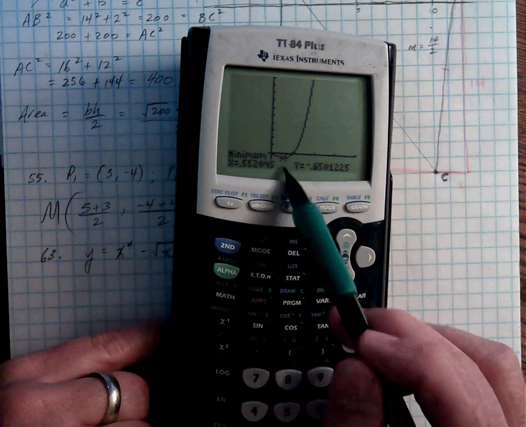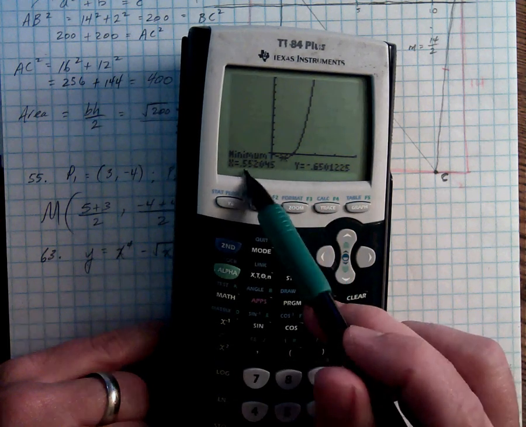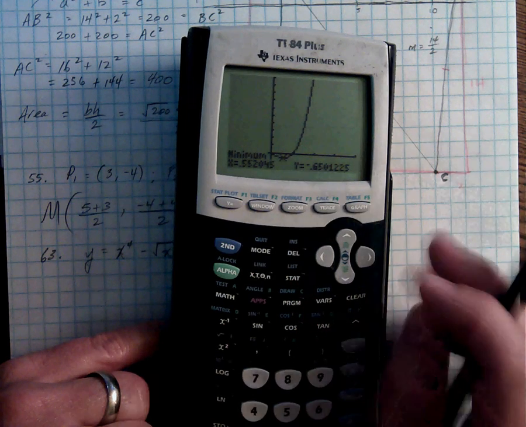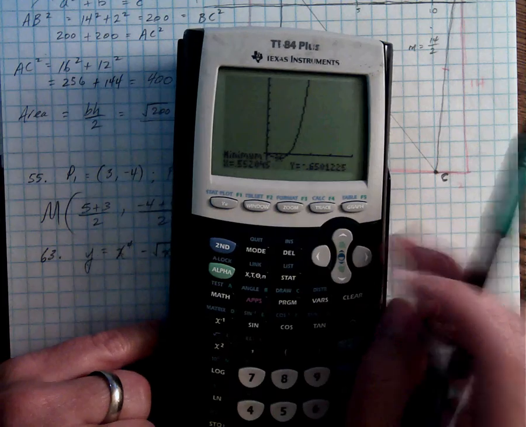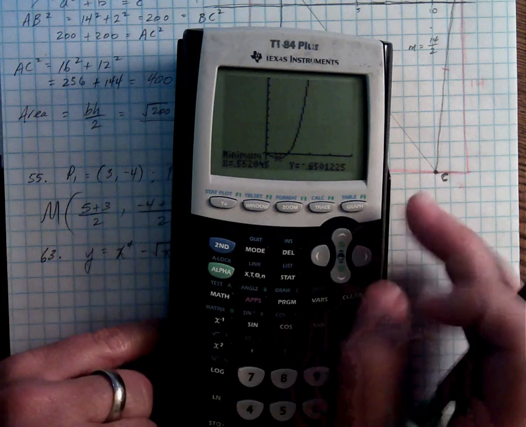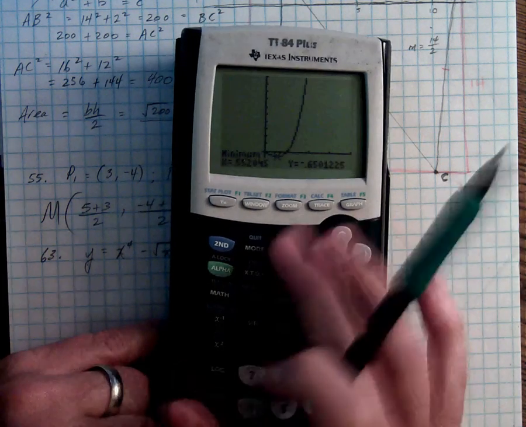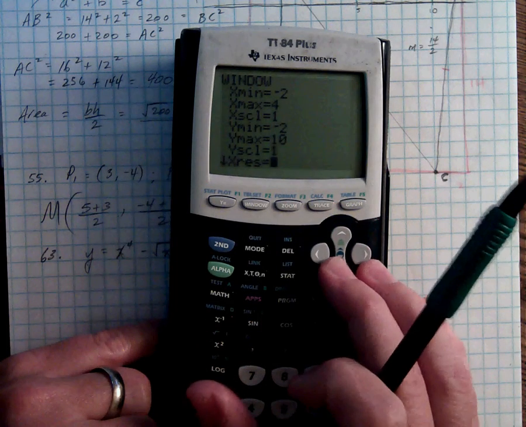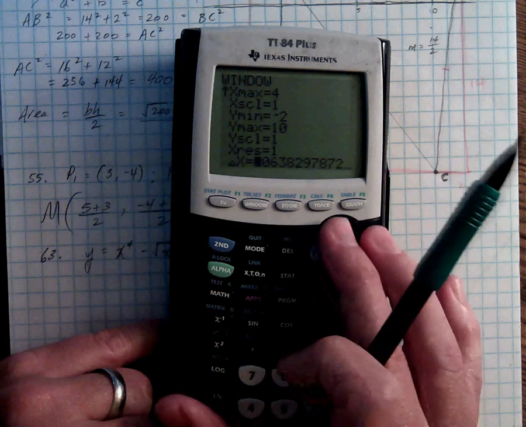So the minimum occurs when x is 0.55, and the minimum is -0.65. Alright, so just a little calculator stuff there. The stuff down here, I don't pay attention to this.